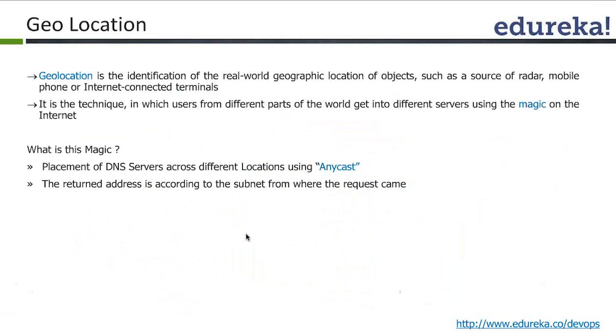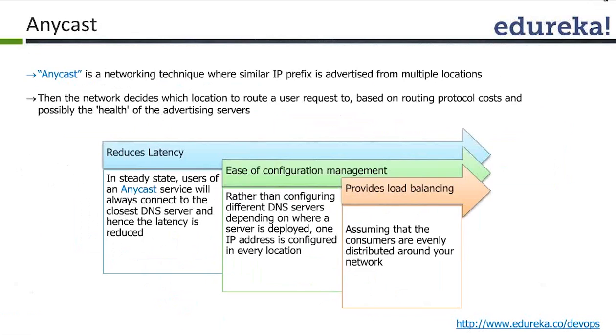Now, imagine if I had kept a copy of this website in India, and when a user located in India is querying, we tell him, please don't go to the US server, we have a copy of it kept in India. Okay, now this is what is called geolocation based DNS resolution using this process called Anycast.